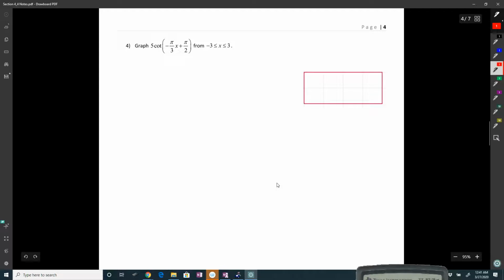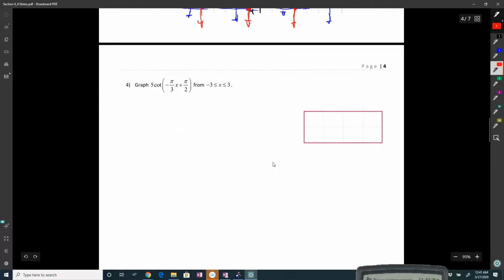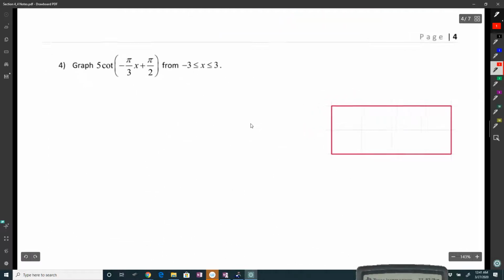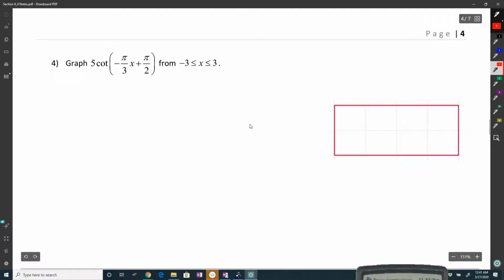Graph 5 cotangent negative pi over 3x plus pi over 2. And so this one's a little trickier. I gave you some more space for it. The first thing you got to do is notice that here I can take the negative out on the inside.